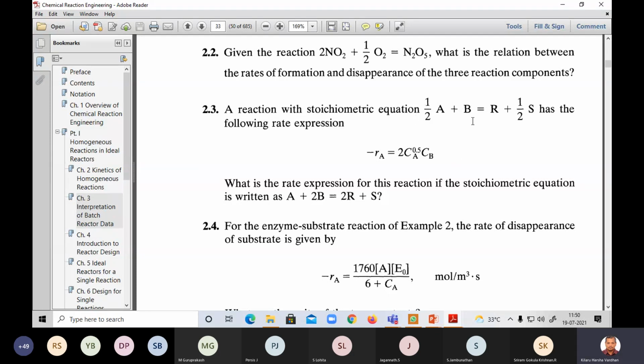If you multiply the equation, what will happen to the rate? Will it remain the same, or will it change?